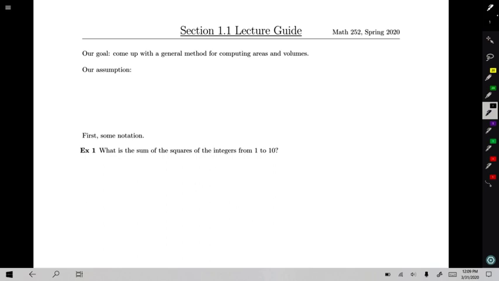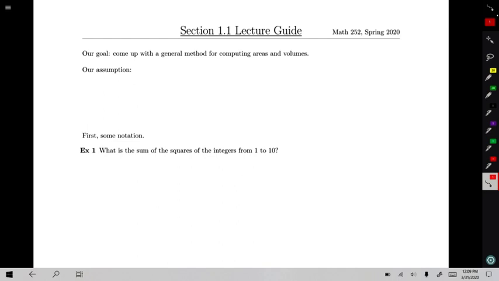So I'm going to start maybe by talking about our end goal of this chapter, which is to come up with a general method for computing areas and volumes. These two things are really useful. Certainly you can imagine that if you're in some kind of engineering world, you want to make some kind of new structural component of something, you probably want to know how much space it takes up.